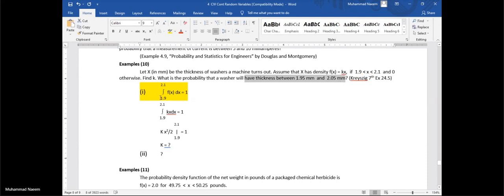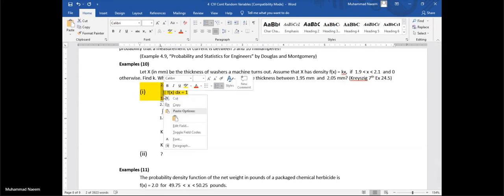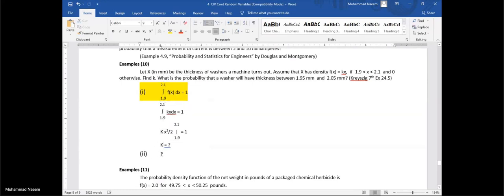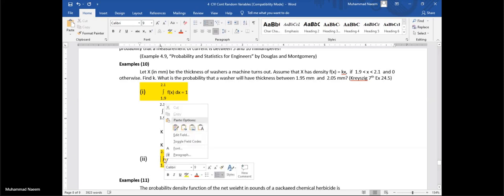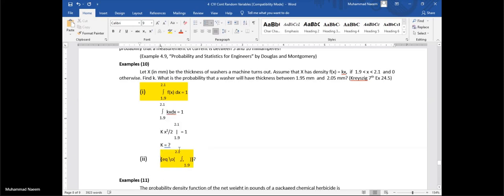In the second part, we will integrate from 1.95.